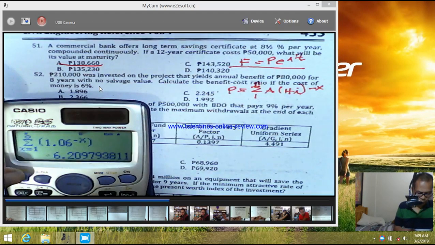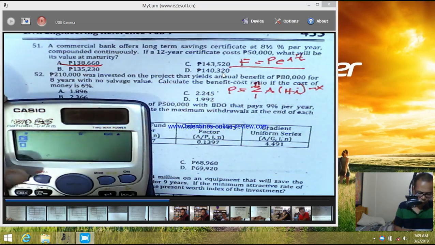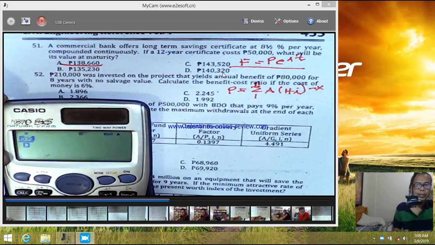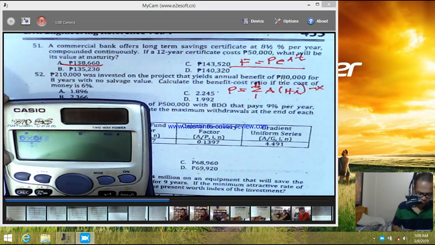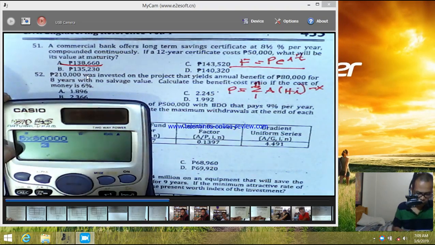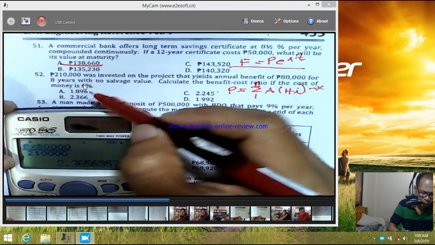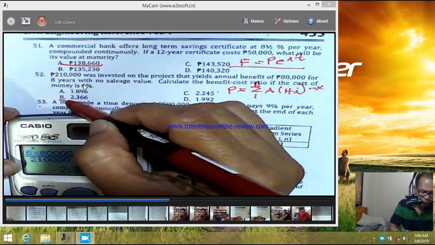Let's just store that to B. Then the benefit cost ratio is just B, the present worth of all money, 80,000 divided by the amount invested, which is 210,000. So the answer is 2.366. This is the closest, 2.366.